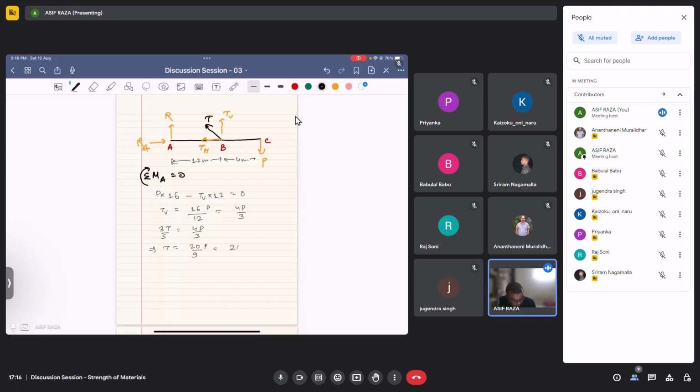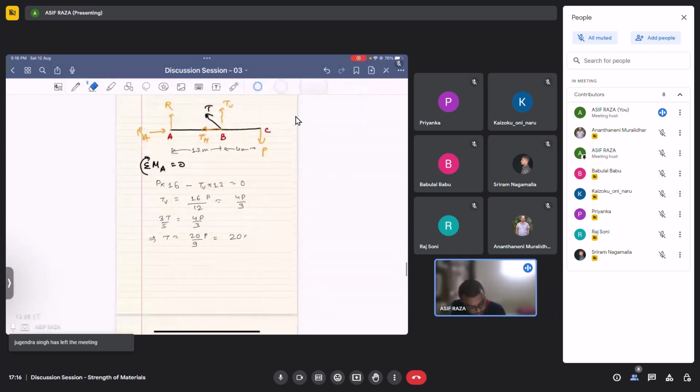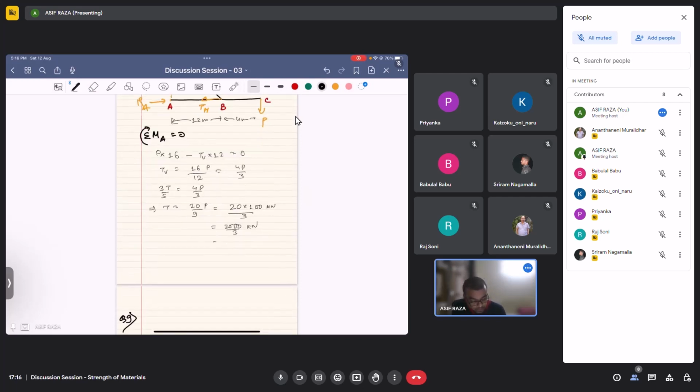So that is 20 into 100 kilonewton by 9, which would be equal to 2000 upon 9 kilonewton. If I want to take it in Newton, it would be 2 by 9 into 10 power 6 Newton.